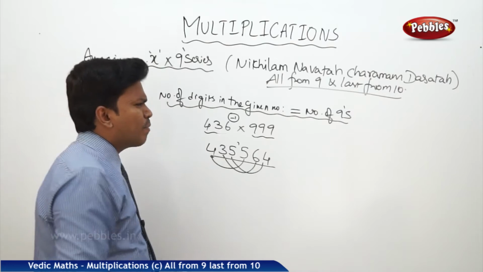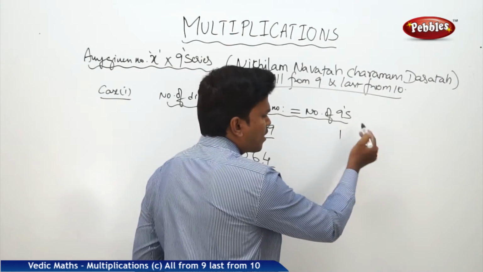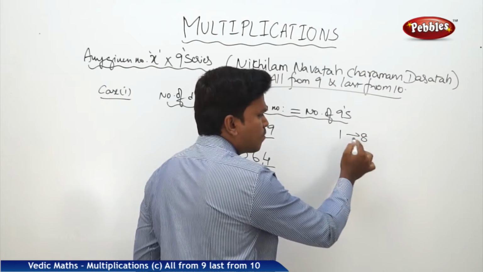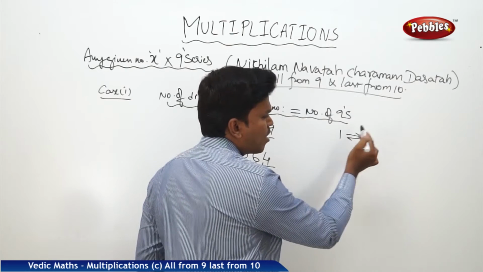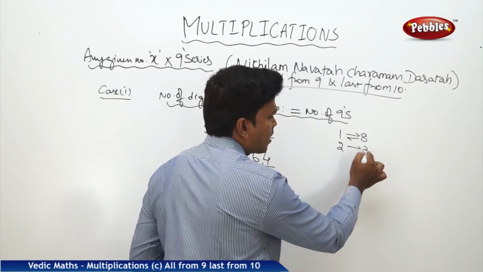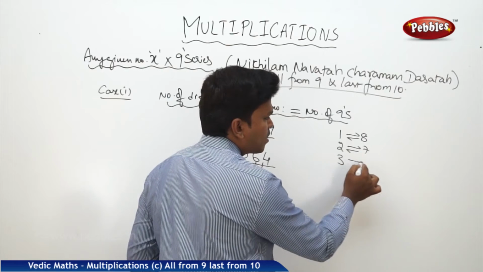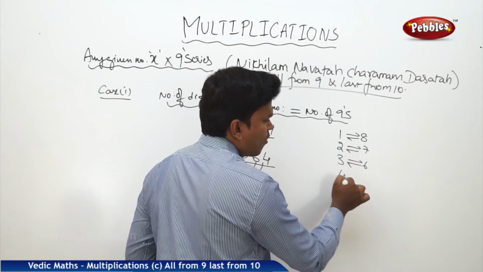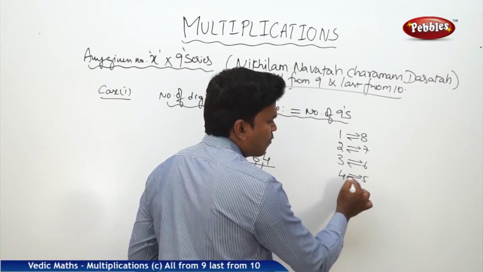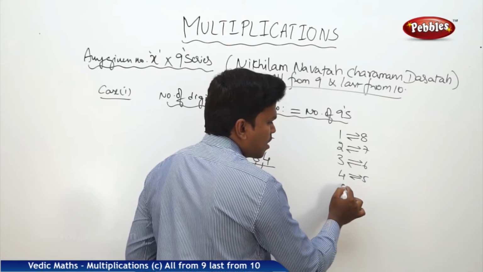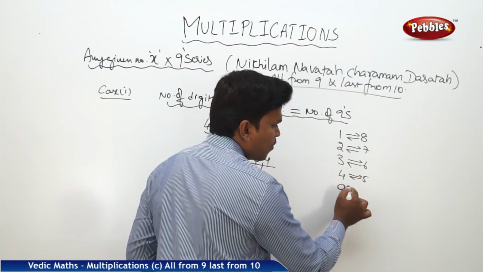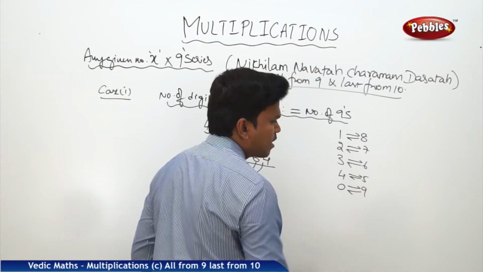So what are nines complements? For example, for 1 to make it 9, how much do I need to add? 8. Similarly, vice versa, for 8 to make it 9, 1. For 2, 7. For 7, 2. 3, 6. 6, 3. 4, 5. 5, 4. And if it is 0, 9. And for 9, it is 0.